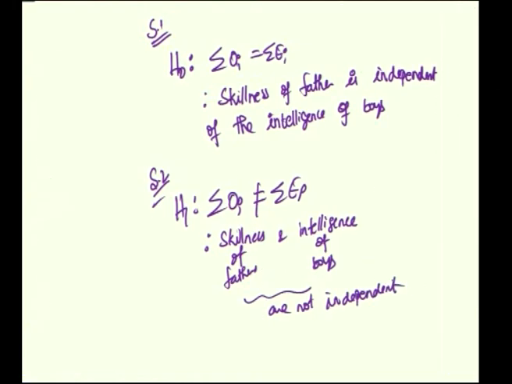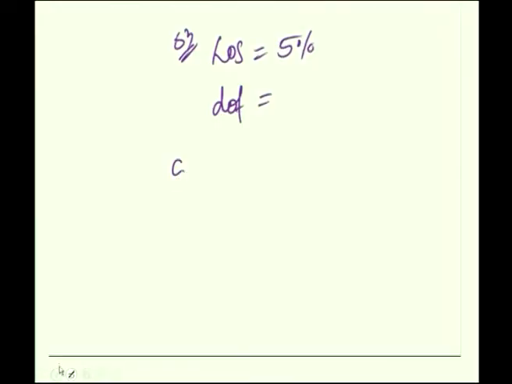Step 3: level of significance. Since it is not mentioned, we will take it as 5%. Degrees of freedom, just reserve it for now; according to the number of rows and columns which we are going to frame, we will calculate the degrees of freedom.